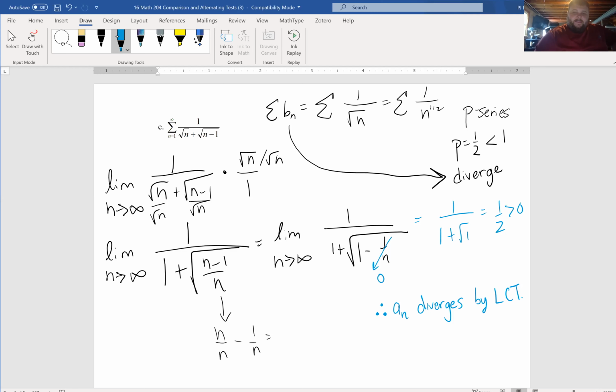Now, for instance, if, say, for some reason this limit came out to be minus 1/2, well, then the best I could do is say inconclusive. Because just like before, I have to have both criteria to be able to do something.